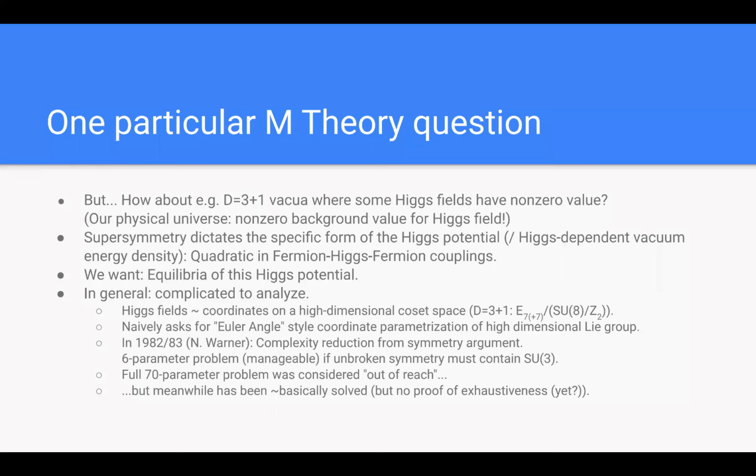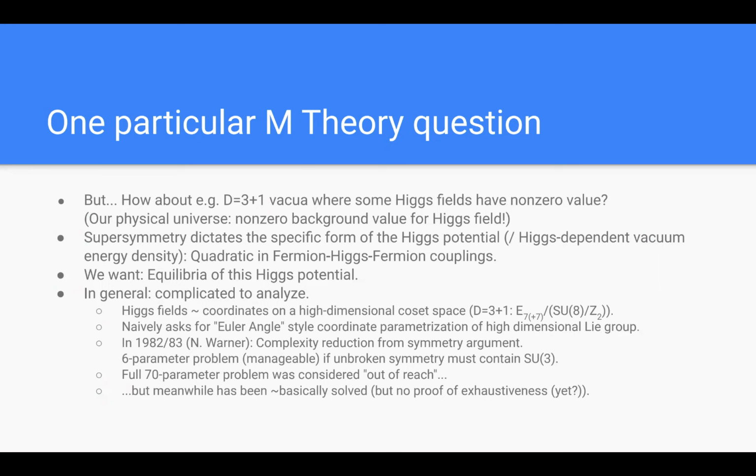What we want is equilibria of this Higgs potential. And unfortunately, these are in general complicated to analyze. And the complication here comes from the observation that we can see these Higgs fields as providing coordinates on some high-dimensional coset space.